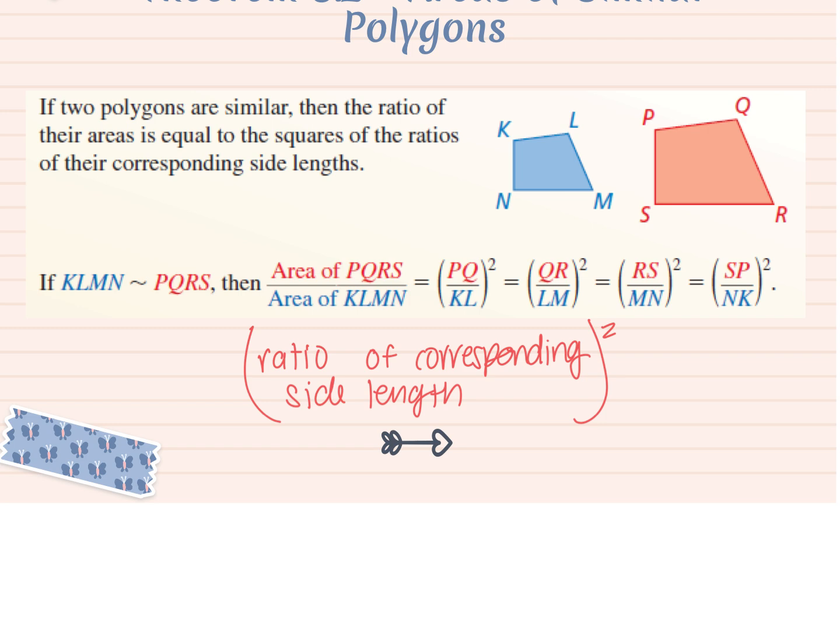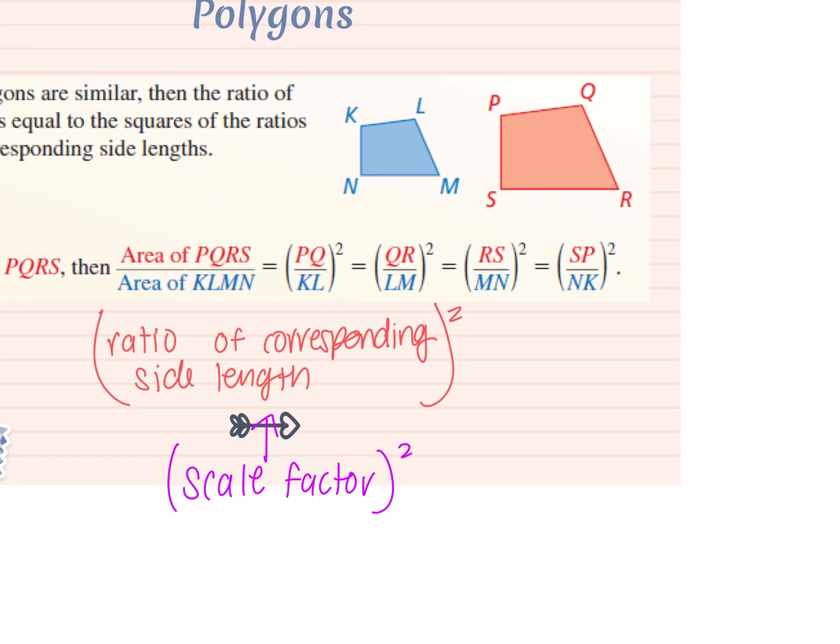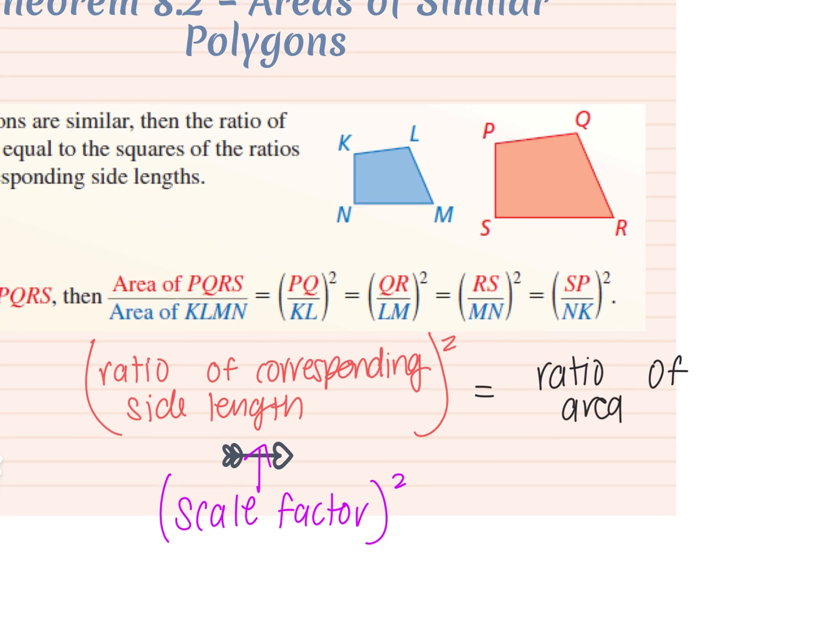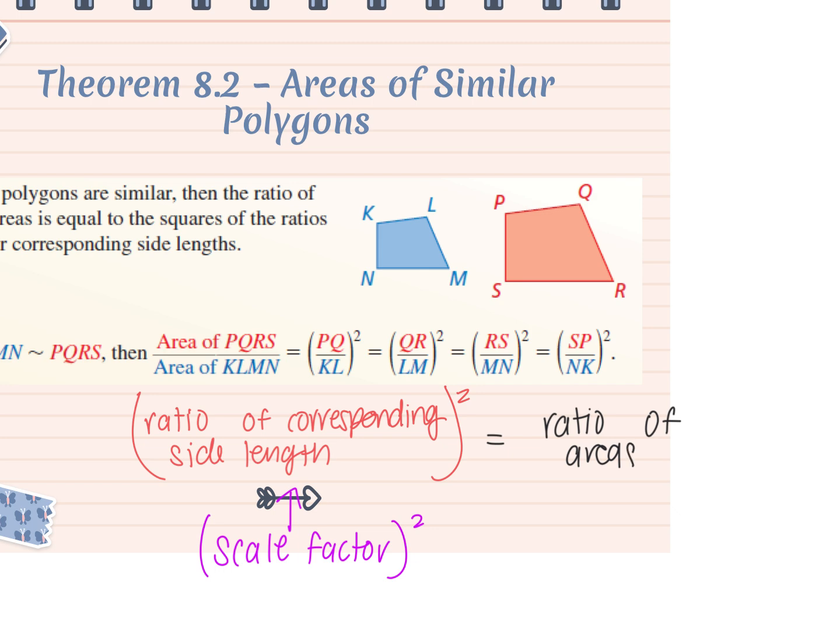We covered three things. Perfect. So this is the same thing as your scale factor. And you're still squaring it. Keep in mind we're still dealing with ratios. So once you square it, it's going to equal your ratio of the areas.